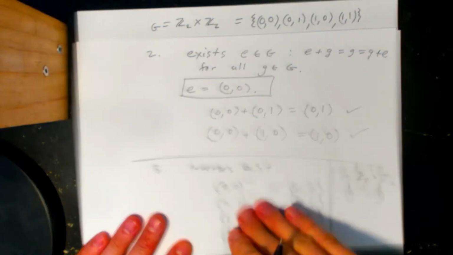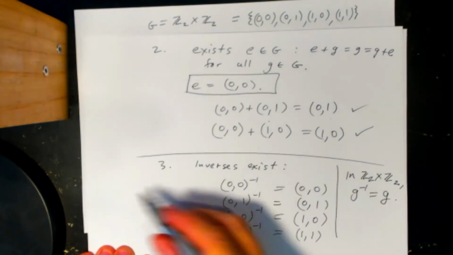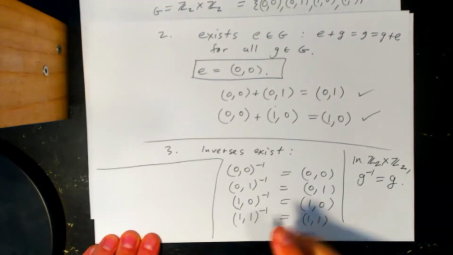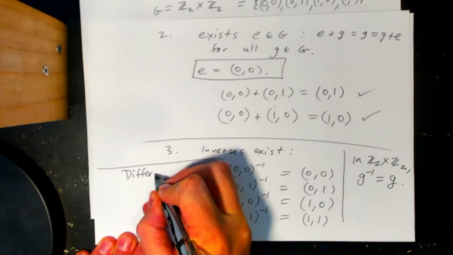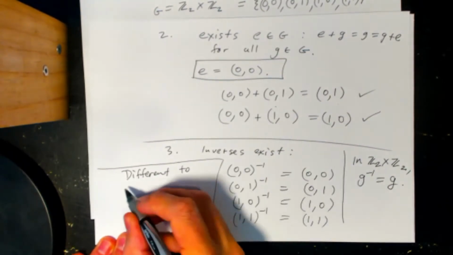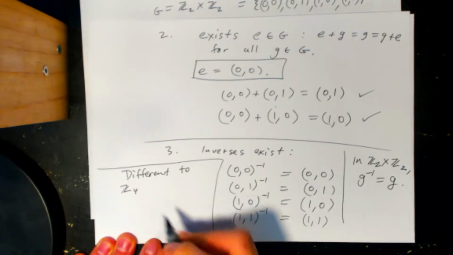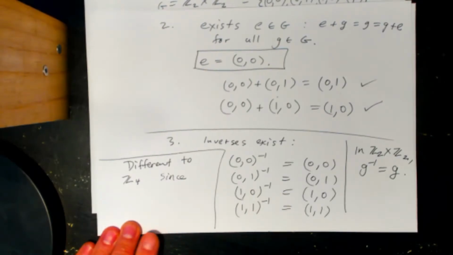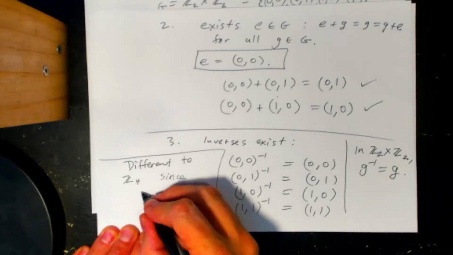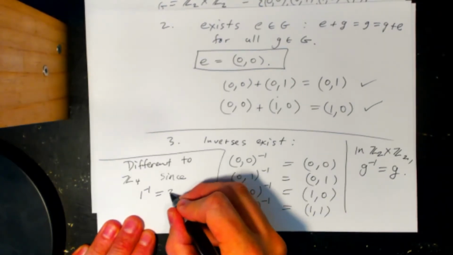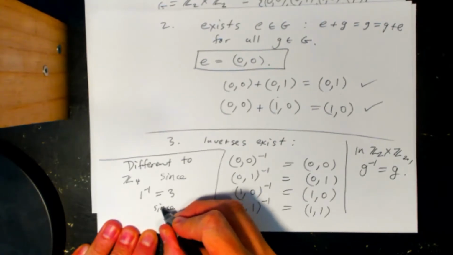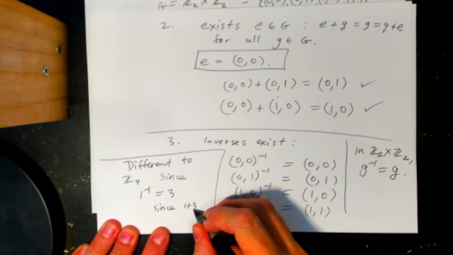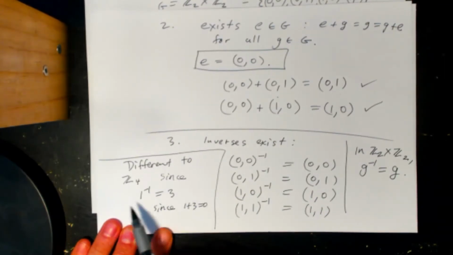Okay, and that makes this different from, so let's just note, this is different to integers mod 4, since in this group, integers mod 4, the inverse of 1 is equal to 3, since 1 plus 3 is 0, and 0 being the neutral element or identity element of integers mod 4 there.